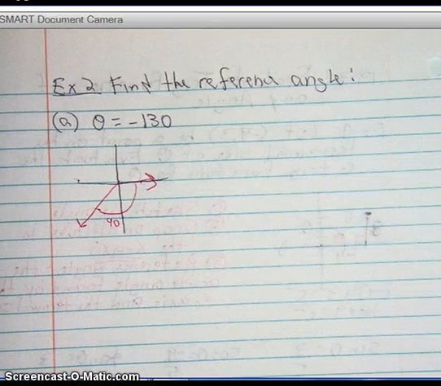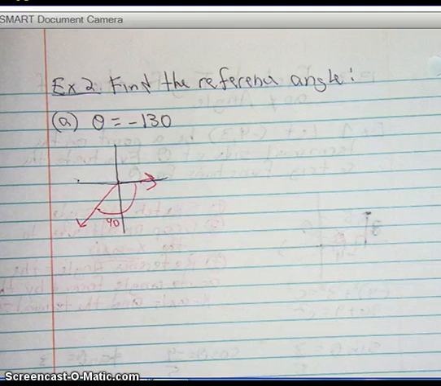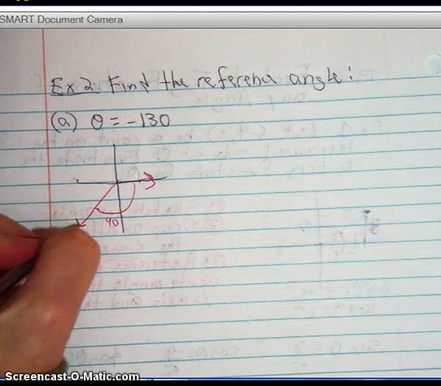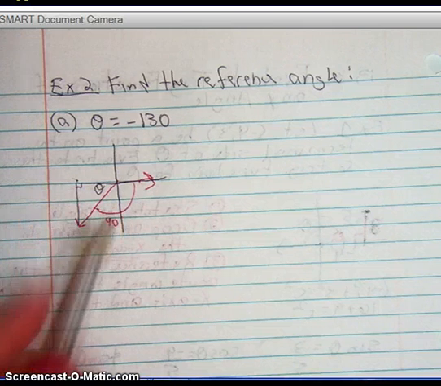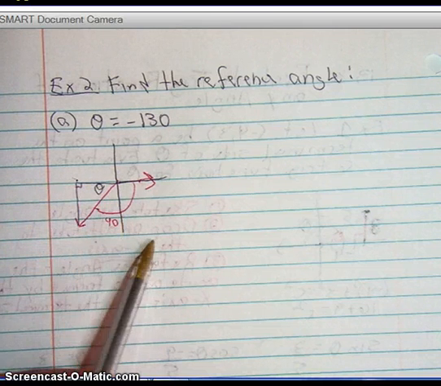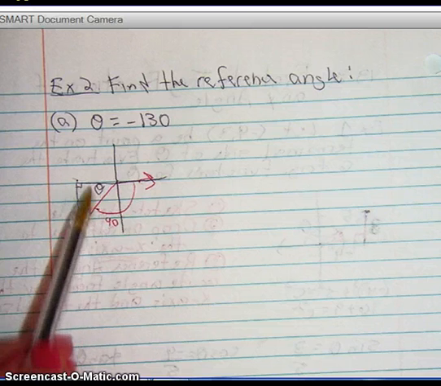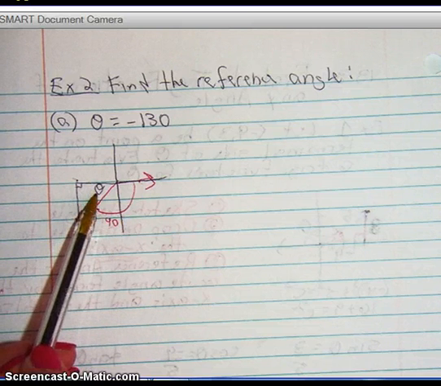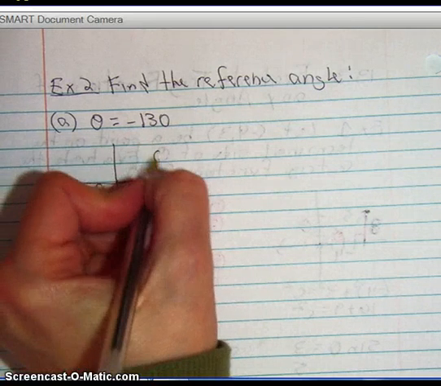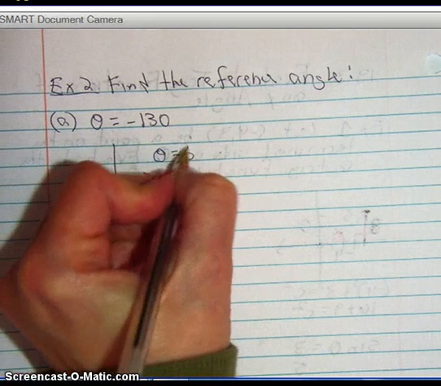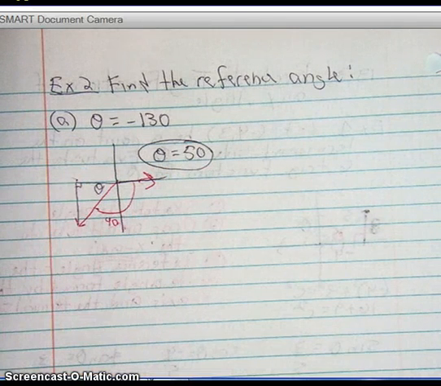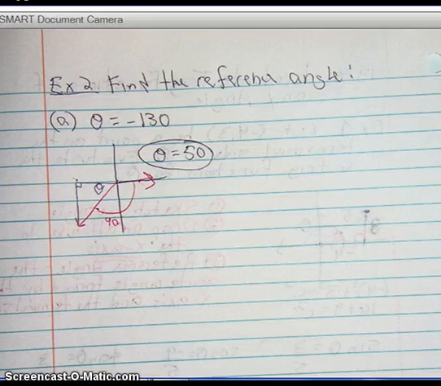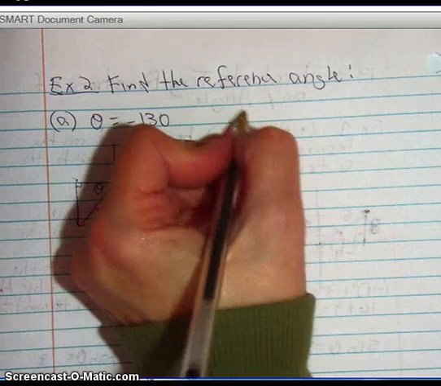Drop your altitude to what axis? X-axis. And the reference angle is the one inside the triangle. So guys, if a whole quadrant is 90 and this much is 40, what's left? 50. So reference angle equals 50 degrees. You don't care if it's positive or negative. A reference angle is always going to be positive. Okay?